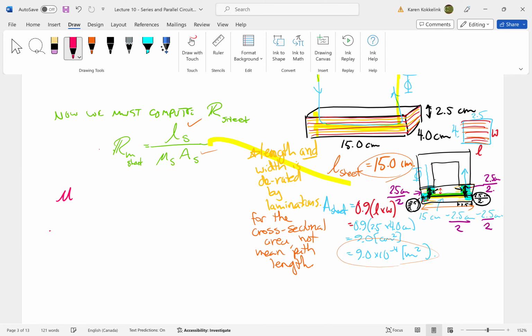Our permeability of the sheet section is going to be the flux density of the sheet section divided by the magnetic field strength of the sheet section.